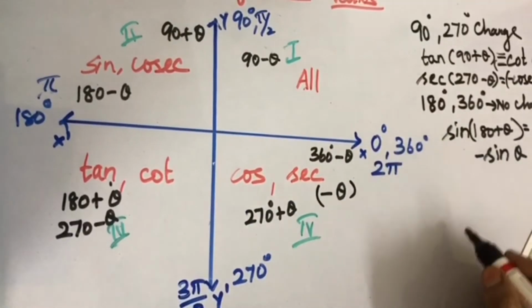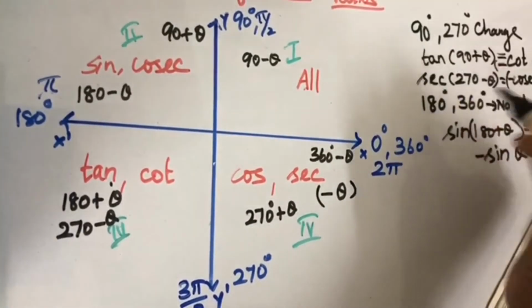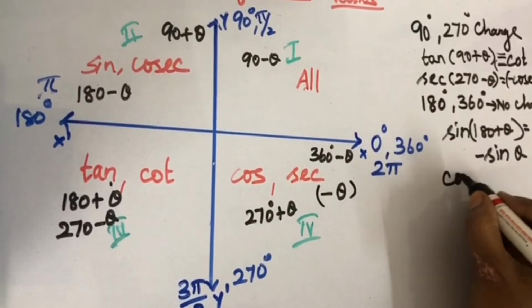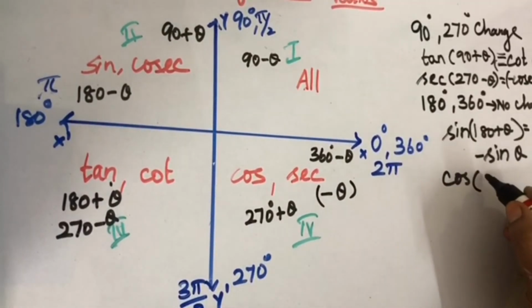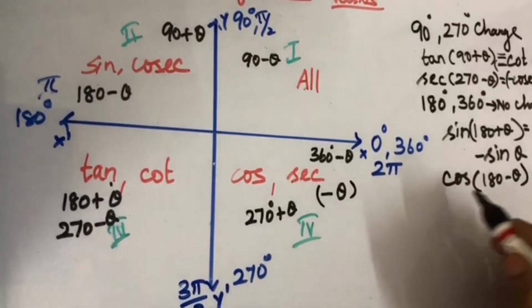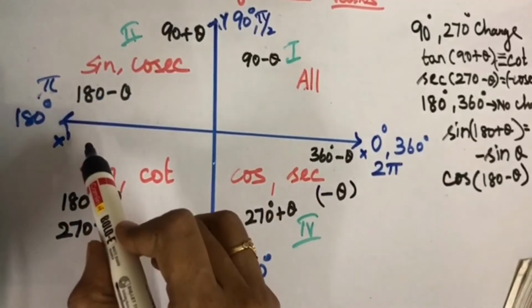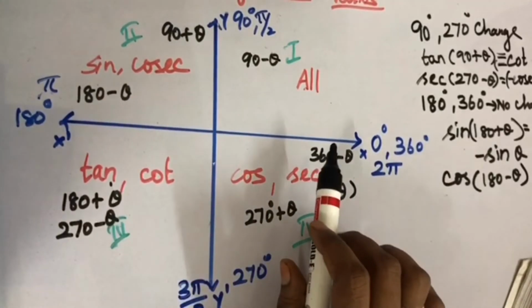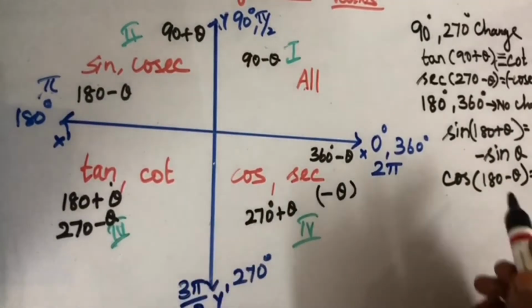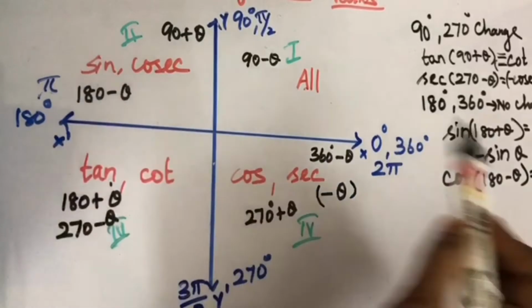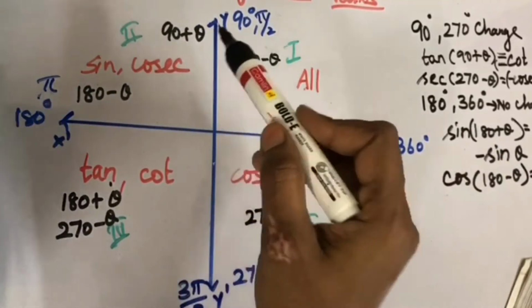Here, okay, cos 180 minus theta. Okay, cos 180 minus theta. If it is 180, there is no change in the ratio, isn't it? So it remains cos theta. What about the sign? 180 minus theta lies in the second quadrant.